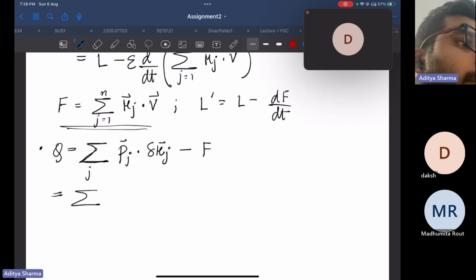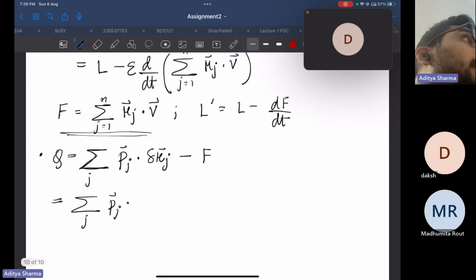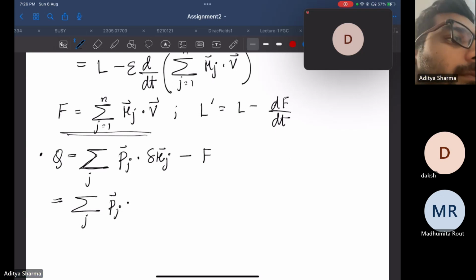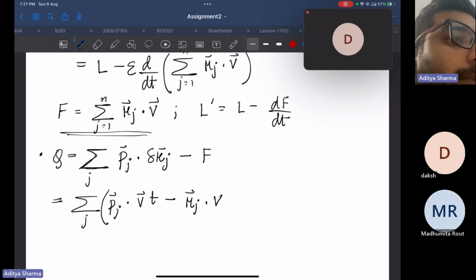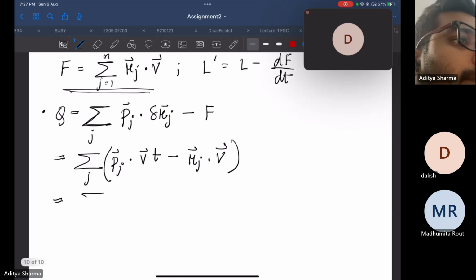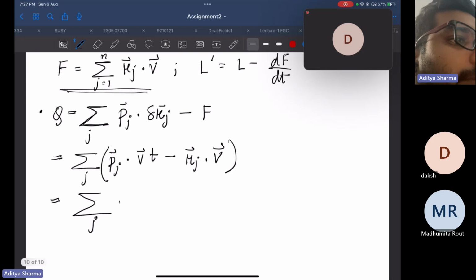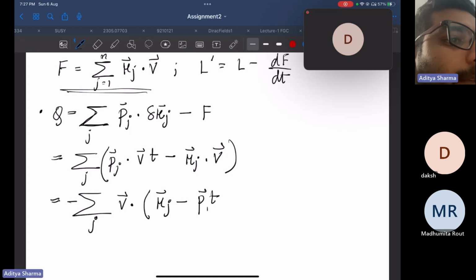And delta r in our case is v vector t. So minus f, this can be put together, and you take the v vector out of the dot product. You find the sum of m r_j vector t minus the remaining term.